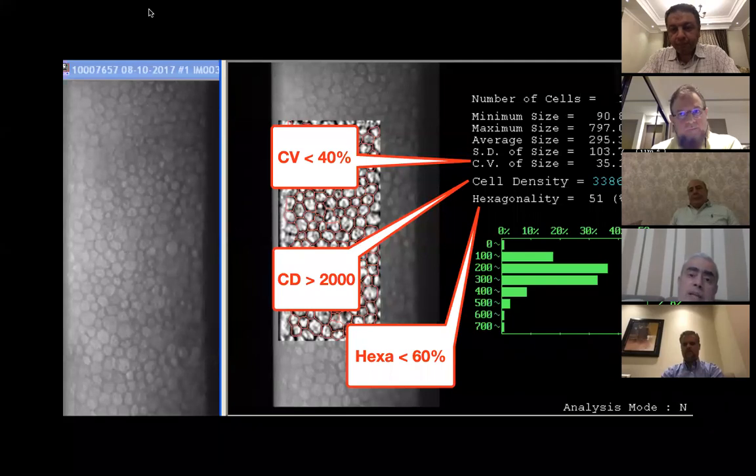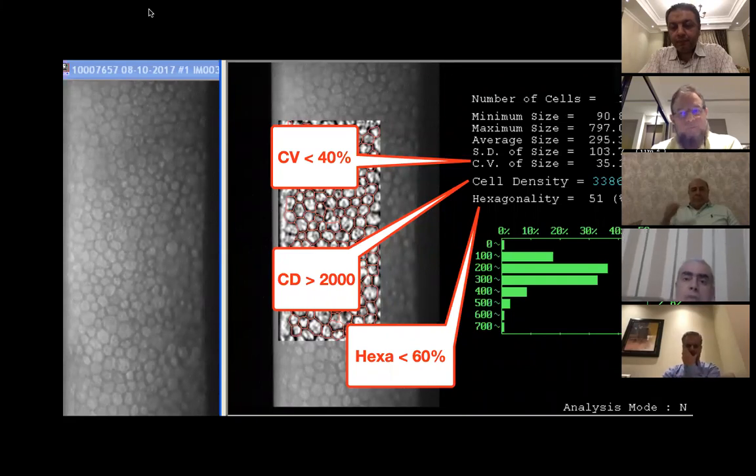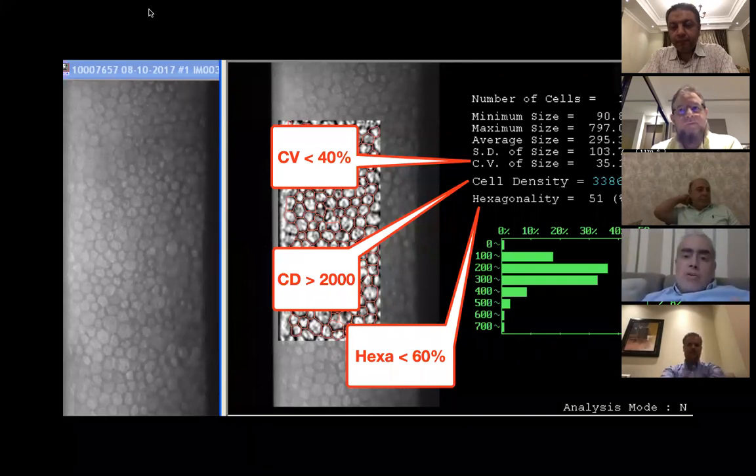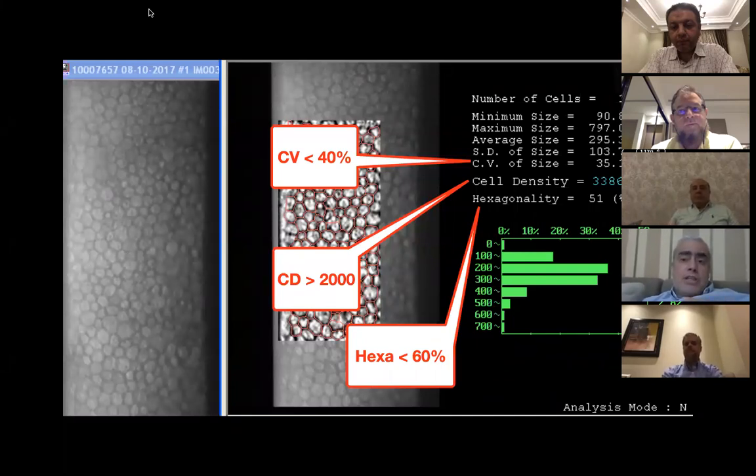So that's why you should look at the beginning, before entering the anterior chamber, at the coefficient and the hexagonality, which indicate the susceptibility of the endothelial cells to break down, to lose the attachment. The coefficient and the hexagonality reflect the liability of the cells to change their shape.